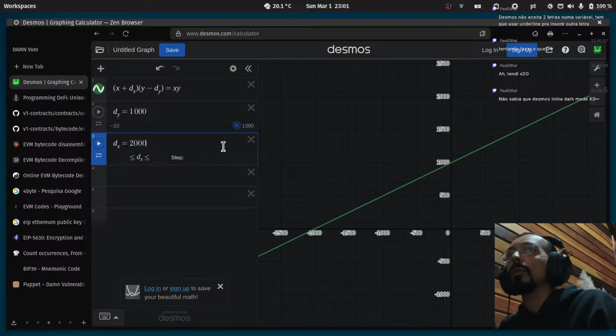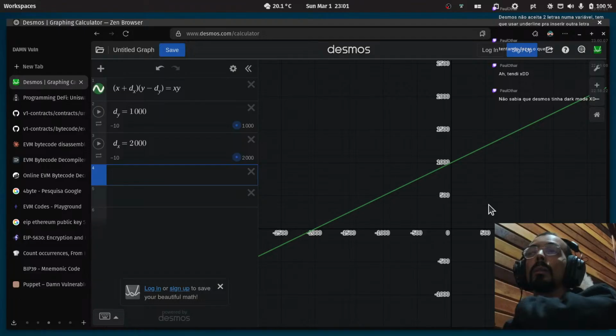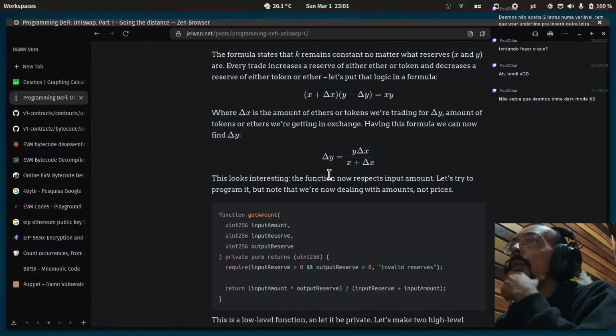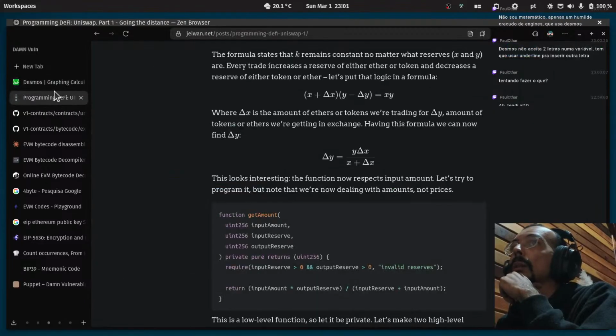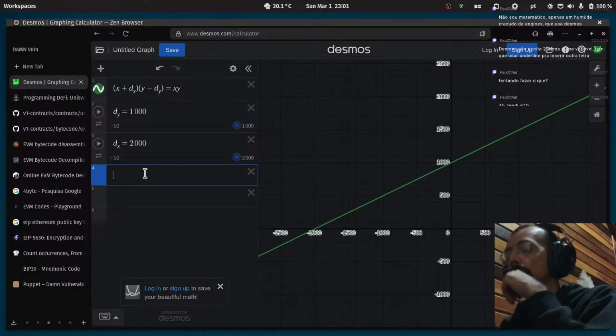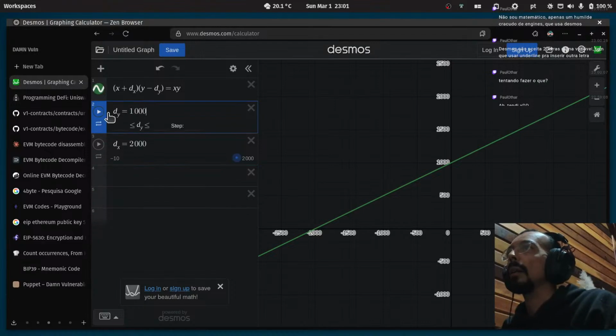1,000, 2,000. And now the other formula. So this should be, oh, that should be this, right?